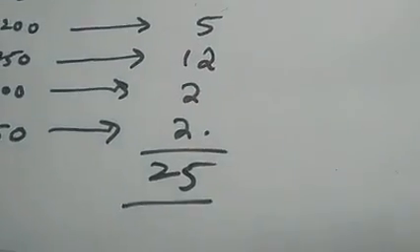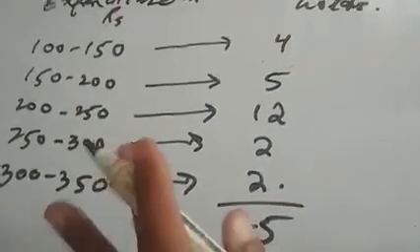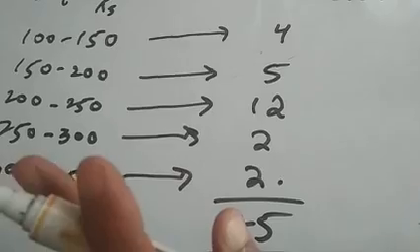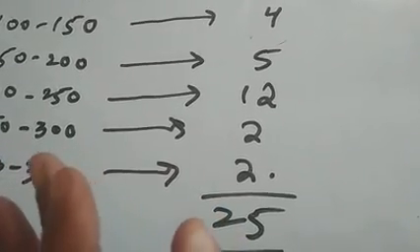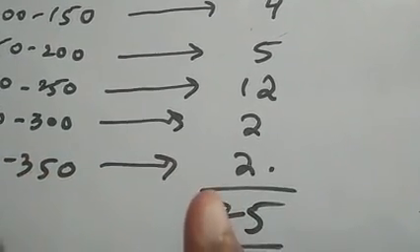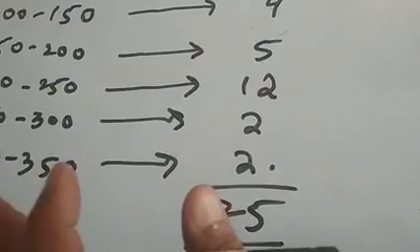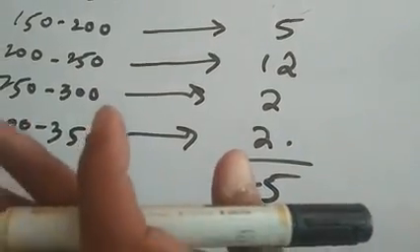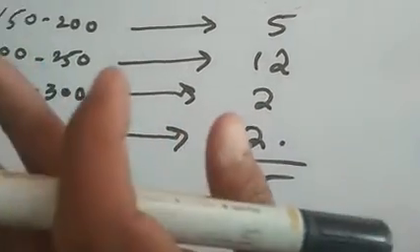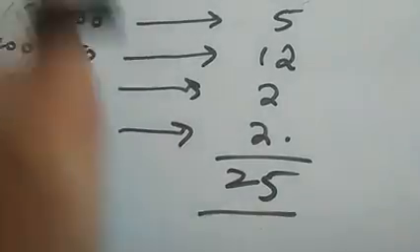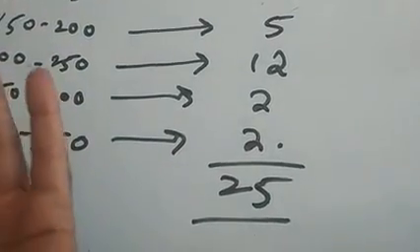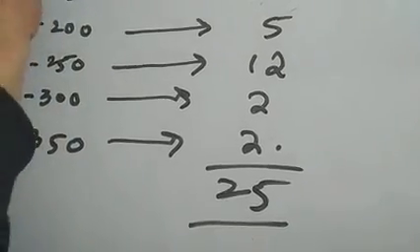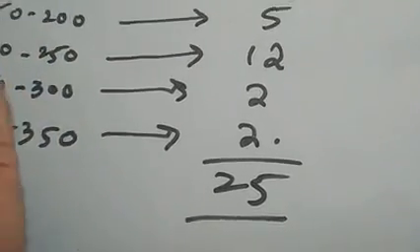Now we have to find the mean of this example using the shortcut method. But as I have told you already, in both the direct method and the shortcut method, you first have to find the mid value. In case of discrete series, it is already given; you don't need to find a mid value because the values are already given in whole number form.